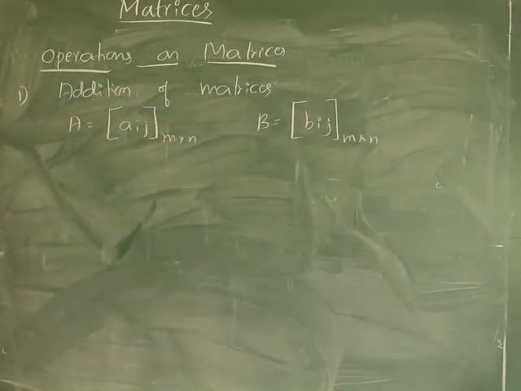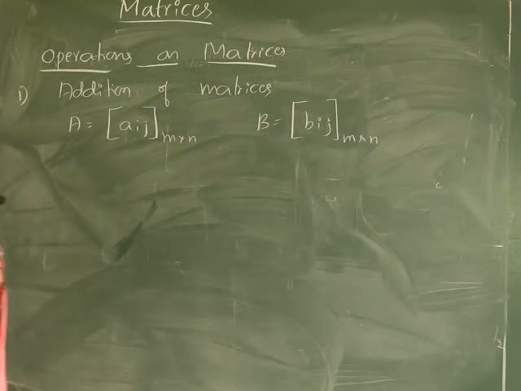The addition of two matrices is possible only if the orders of the two matrices are equal. If the order is different, then we cannot add two matrices.